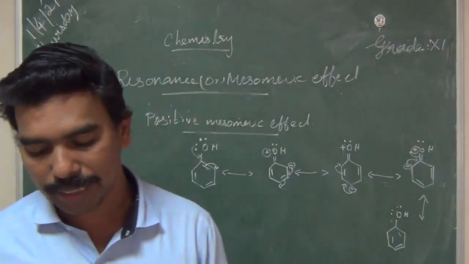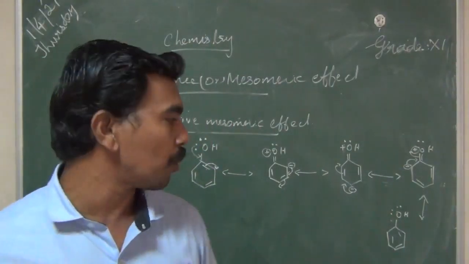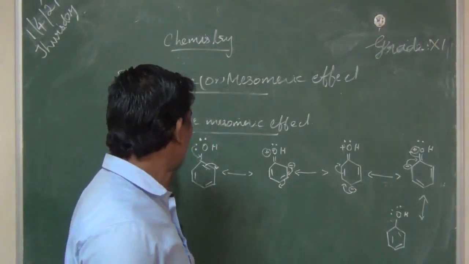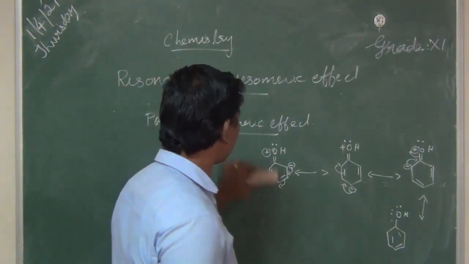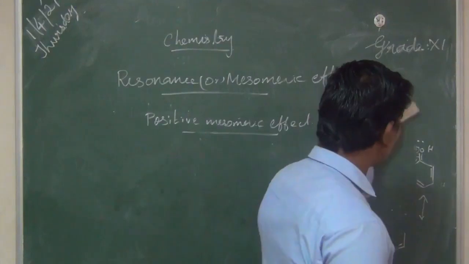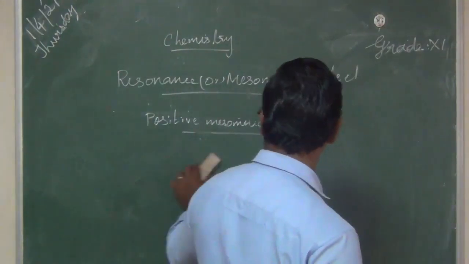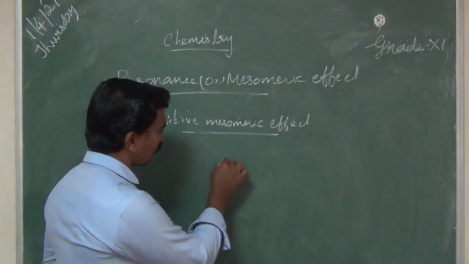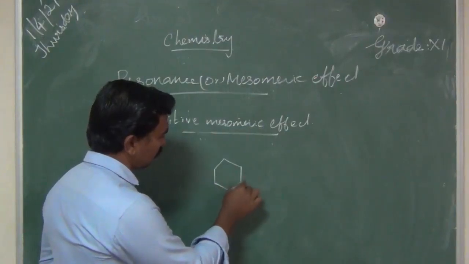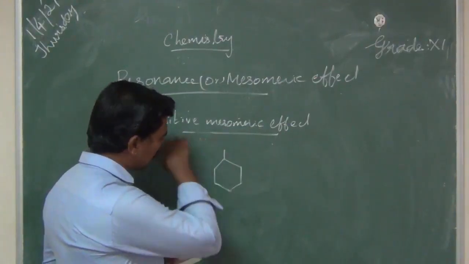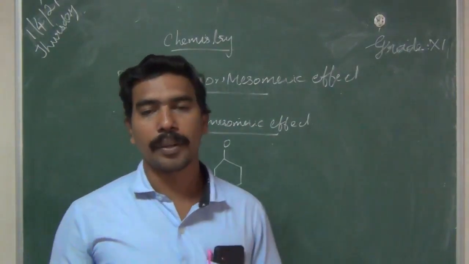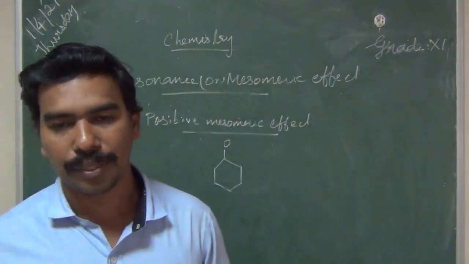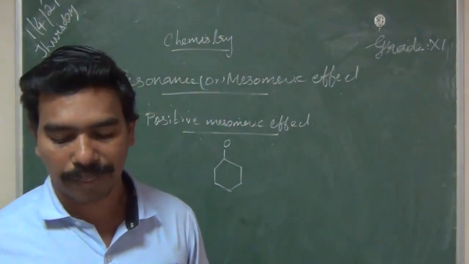One more example is given in the book, the phenoxy group. Phenoxy means, compared to the previous one, phenol, this one is phenoxy. Phenoxy means only oxygen is present here.